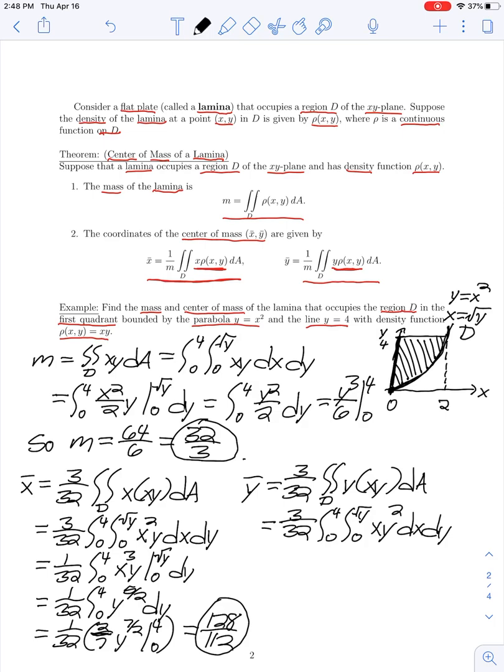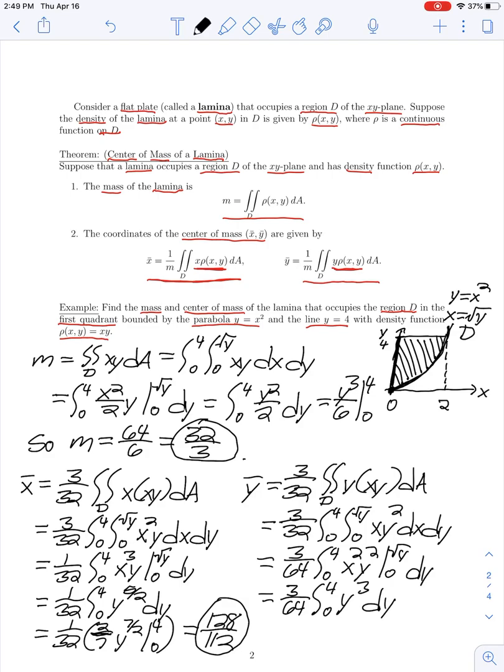So let's see what we have. The antiderivative with respect to x first would give us 1/2 x squared, or if I pull my constant 1/2 out in front, we have 3 over 64, integral from 0 to 4 of x squared y squared from 0 to root y dy. So plugging in the square root of y in place of x, here we have 3 over 64, integral from 0 to 4 of y cubed dy.